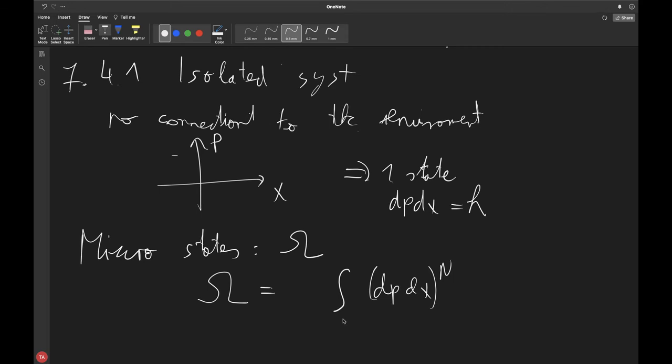What we should always look at is the situation where the Hamiltonian for this p, x situation is less than the energy of the system.